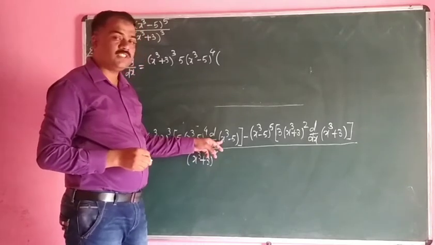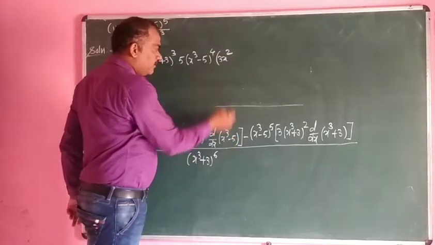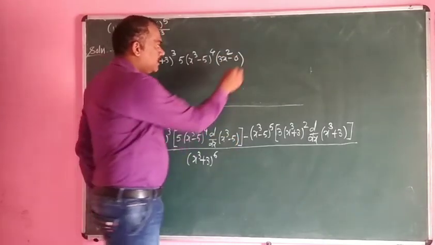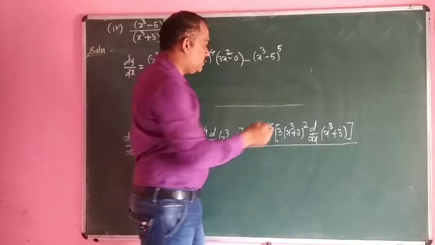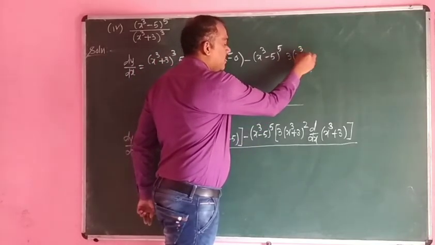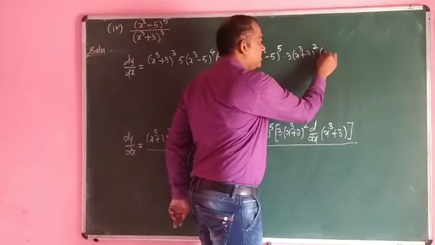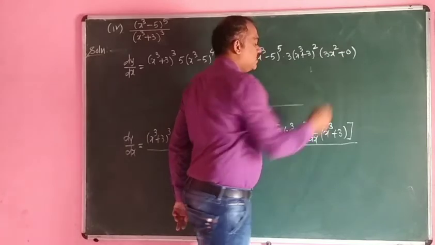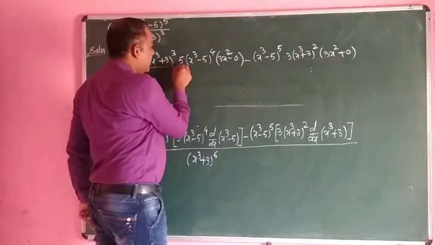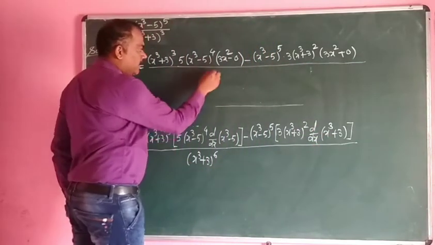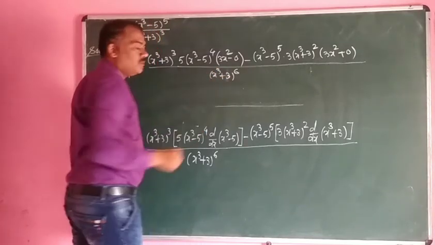Derivative of x cube, again by using the power function, is nothing but 3x square, minus derivative of 5, that is 0, minus x cube minus 5 raised to 5 into 3 into x cube plus 3 bracket square into, again, what is the derivative of x cube? Nothing but 3x square. This 3 is a constant, its derivative is 0, so plus 0, whole divided by x cube plus 3 raised to 6.